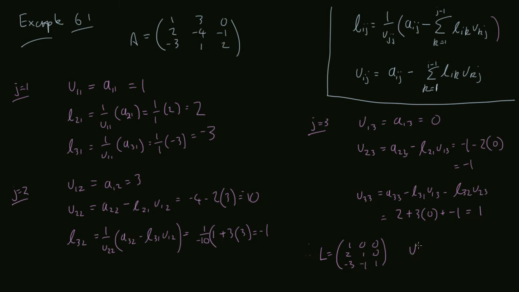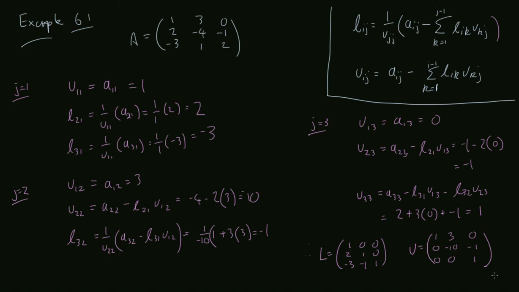And we also had U. Okay, so we have lower triangular elements of 0. U11 was 1, U12 was 3, U22 was minus 10, U13 was 0, U23 was minus 1, and U33 was 1. Okay, so that was our LU factorisation of that 3x3 matrix.